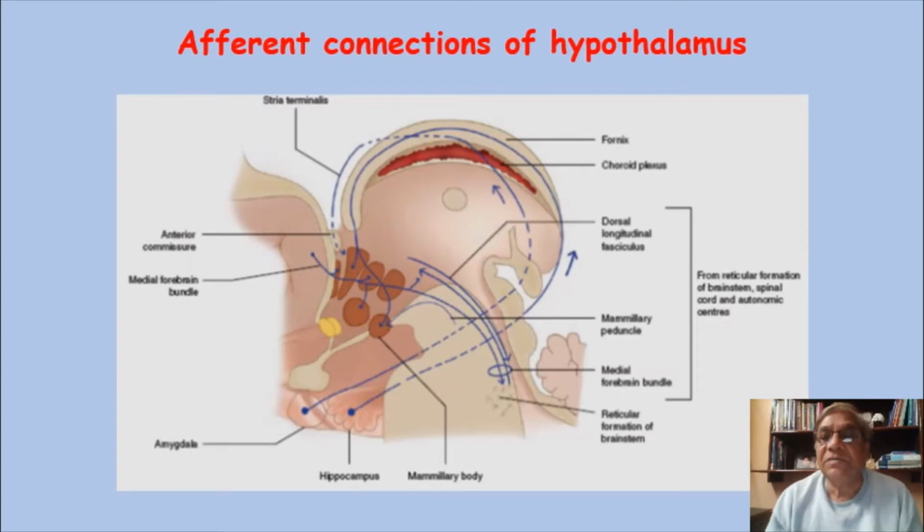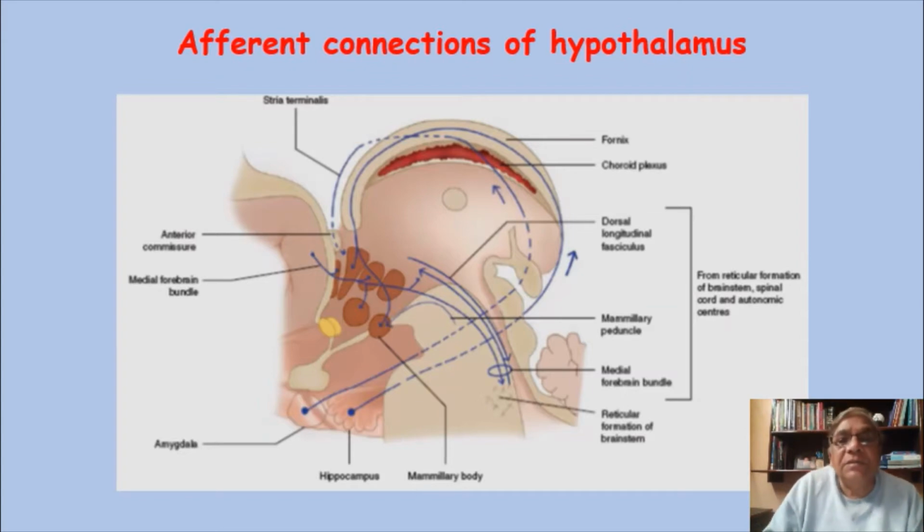Similarly, the taste sensation is also brought to the hypothalamus through the collaterals of the solitary tract. Then all these are brought through the medial forebrain bundle.